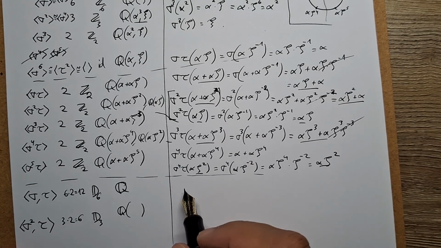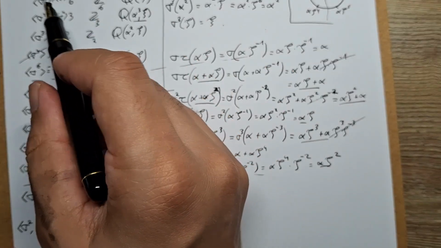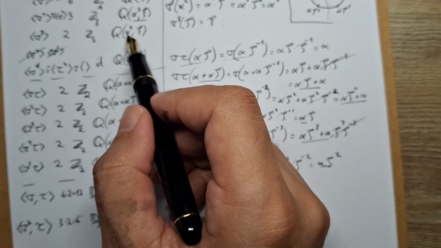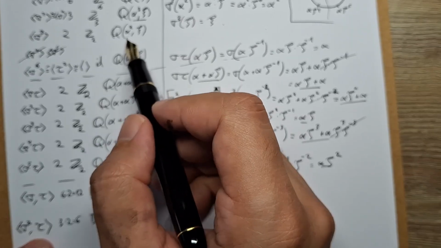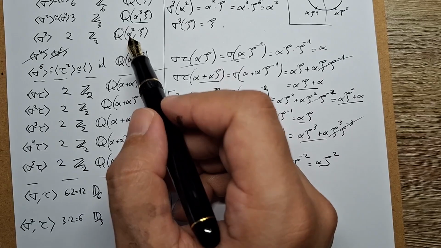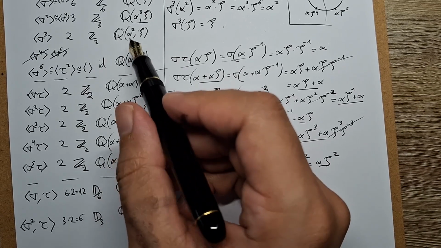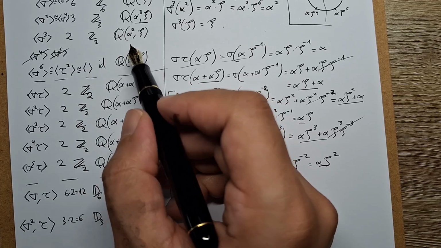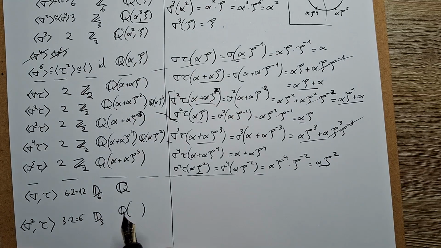So if you apply sigma squared to alpha, you will get again alpha. If you apply sigma squared to tau, you will also get the same, because tau does not affect it, it just fixes alpha.